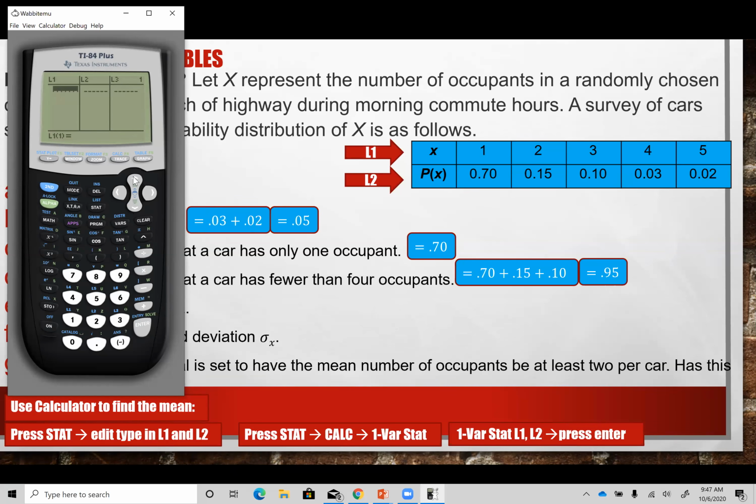Do not hit delete. If you hit delete, as I just did, everybody see that, your L1 and L2 are deleted out, meaning you just delete the whole row. If you happen to delete your L1 and L2, to get it back, you hit stat and go to option number 5, SetUpEditor, press enter and enter again.